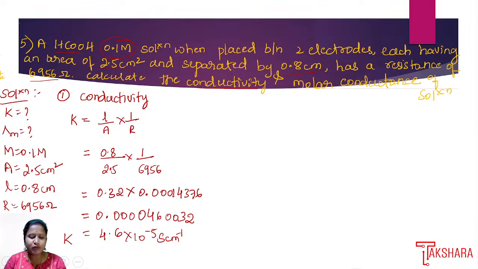K equals 4.6 into 10 power minus 5 Siemens per centimeter, we get the conductivity value by substituting all these values.